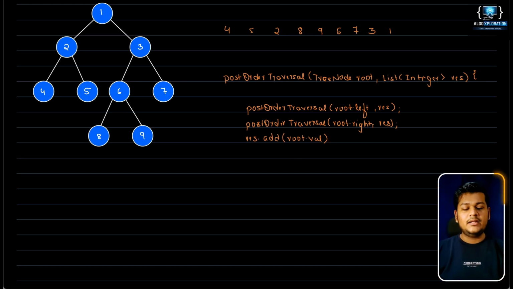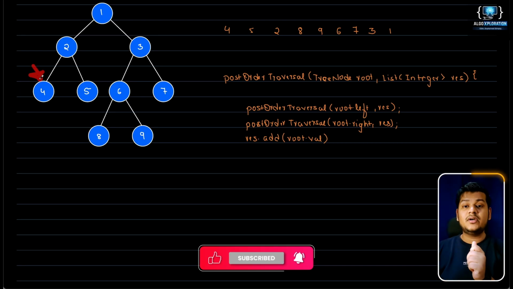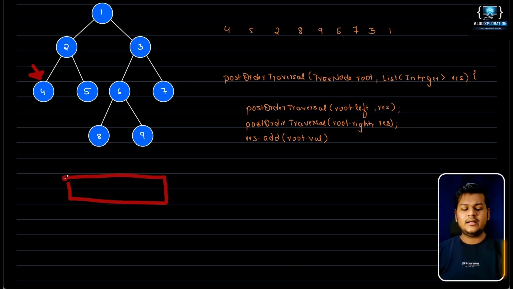But here there will be one edge case that you need to consider. See, if I'm standing over here, how does this node look? As I told you, you can imagine the node is like a doubly linked list, which has 3 fields. Over here 4 is stored, over here null is there, and over here also null is there, because this node is acting as a leaf node which doesn't have any children.